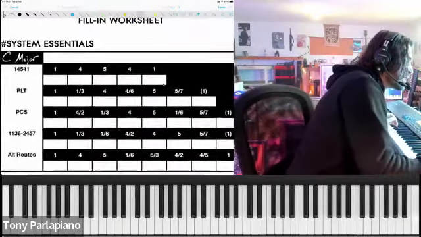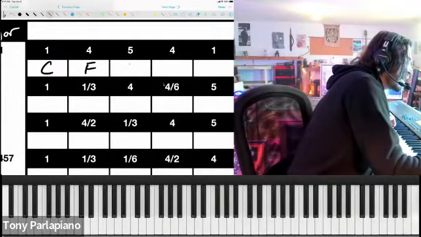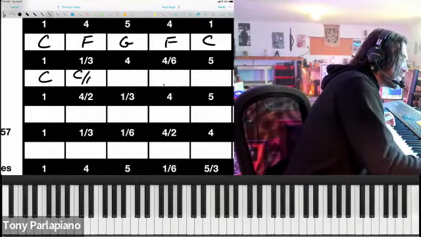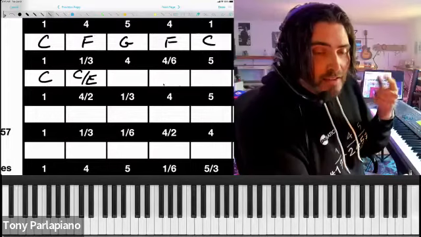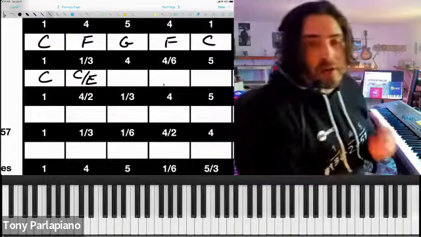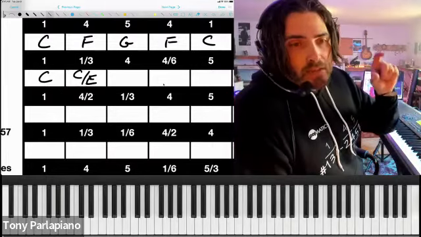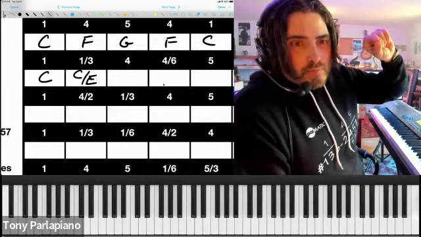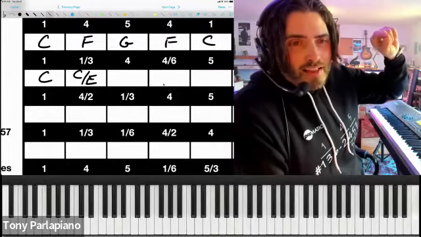And then underneath each of these, they'll make their conversions. So the one's going to be a C, F, G, F, C. If we go to the next line, the one's going to be a C, C over E. So I want them thinking in the numbers first. But once we're inside the key, we can start converting those letters to numbers. The letters are going to come later because I want them to be able to hear the movement between the numbers first, so that they could be in the car listening to the music and know exactly what's going on.